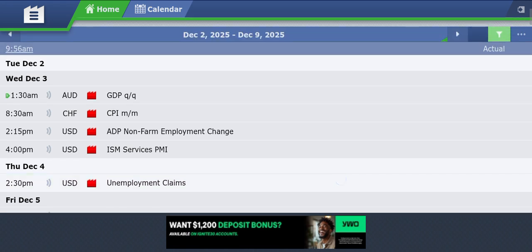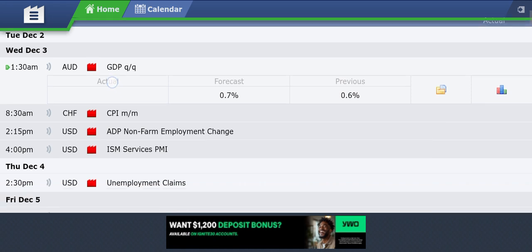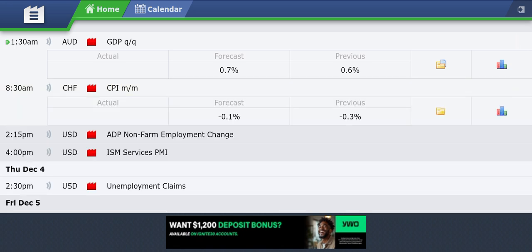This week we're going to be having AUD GDP data, quarter to quarter, forecasted at 0.7%, greater than forecast, greater than previous. Also, we're going to be having the CPI data for CHF, month to month, forecast less than previous.